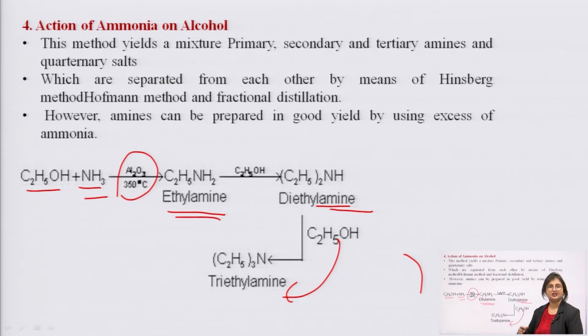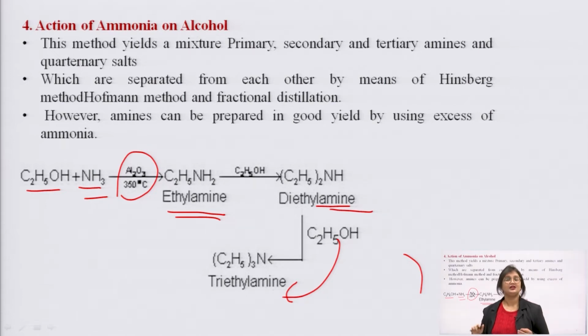So, this is a continuous reaction wherein a mixture of primary, secondary, tertiary and quaternary amines are formed. At the end of the reaction, these amines can be separated from each other by three major methods, namely the Hinsberg method, Hofmann's method and fractional distillation.